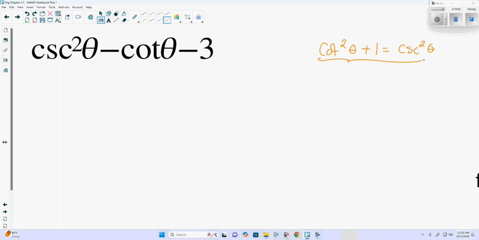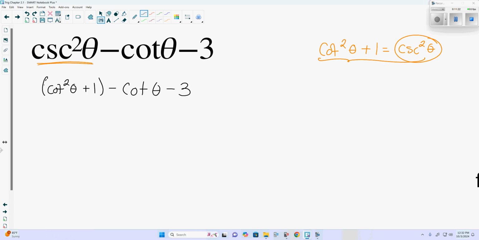So this is one of our 3 Pythagorean identities, and we do have cosecant squared given in our equation, yes? So what I can do to get this into a factorable form is replace cosecant squared of theta with cotangent squared of theta plus 1.